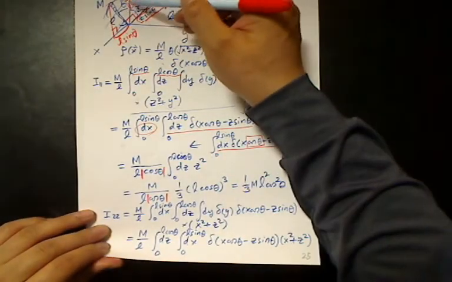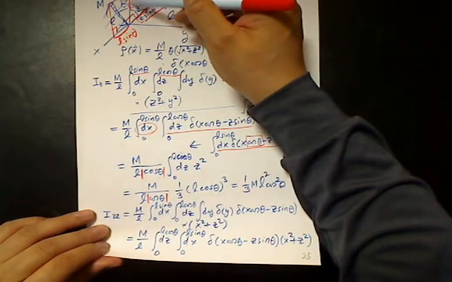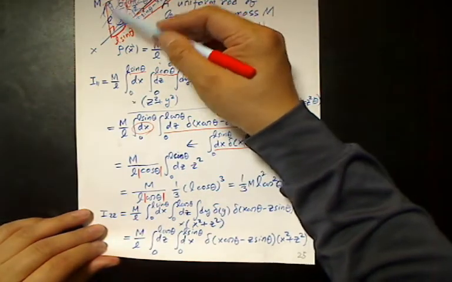We assume that theta is between 0 and 1/2 pi.